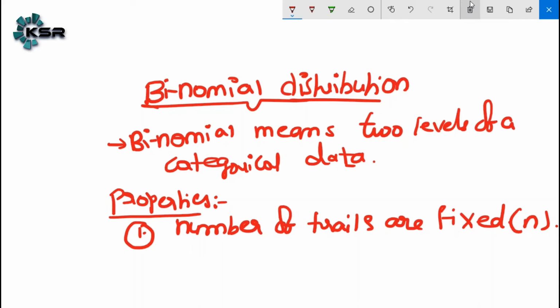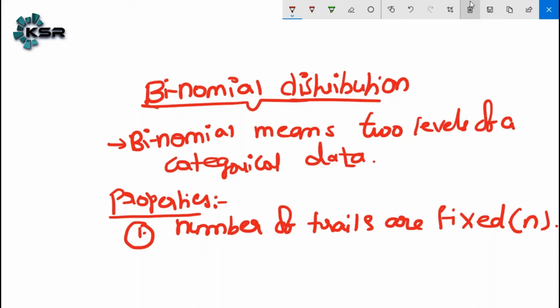Why do we set the number of trials or events here? By using the binomial probability distribution, we get how many levels of outcome? Two levels of outcome. What are the two levels? Either yes or no, true or false, 1 or 0. Anything it can be. So how do we get those outputs?